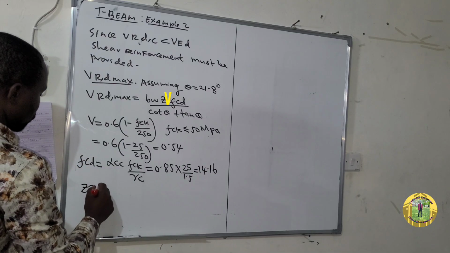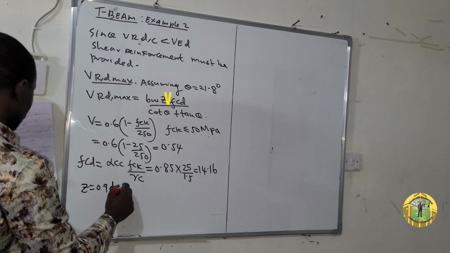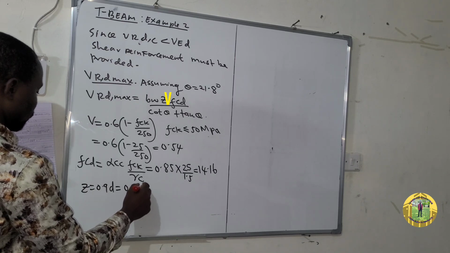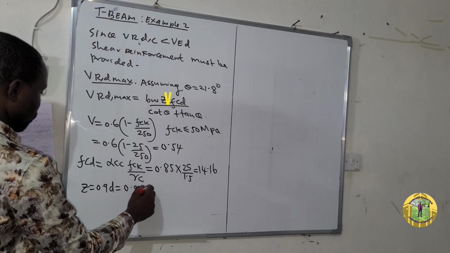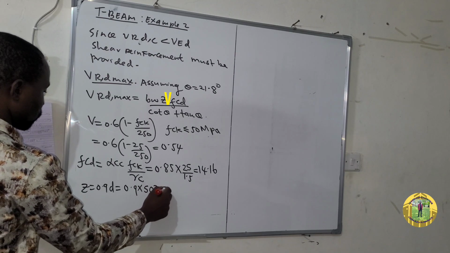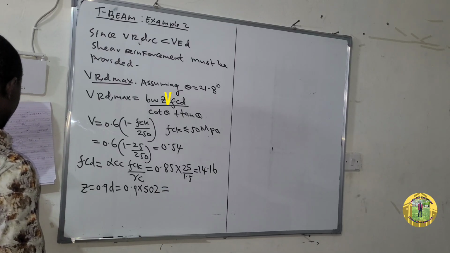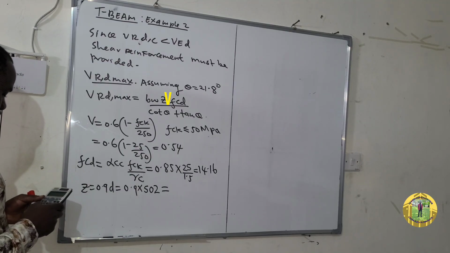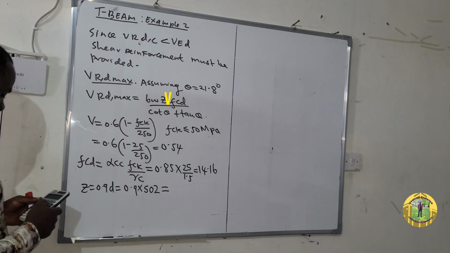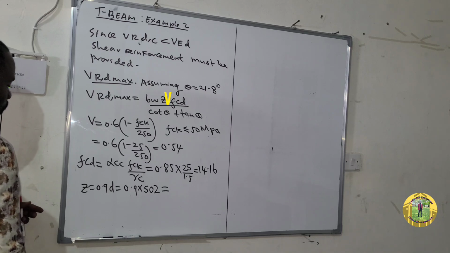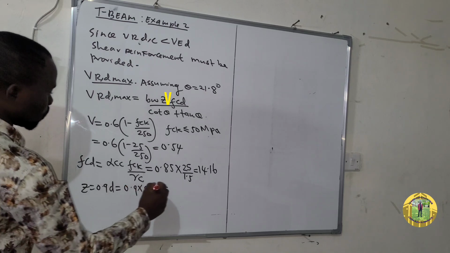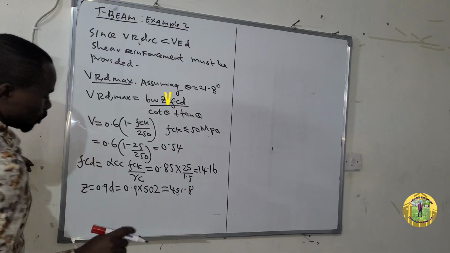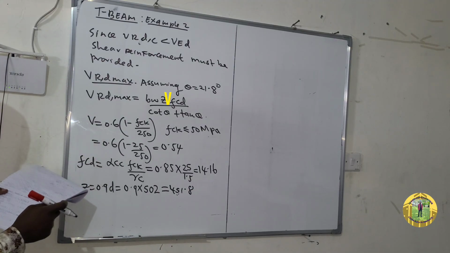And then Z is equal to 0.9D, which is equal to 0.9 times 502. So this is 451.8.